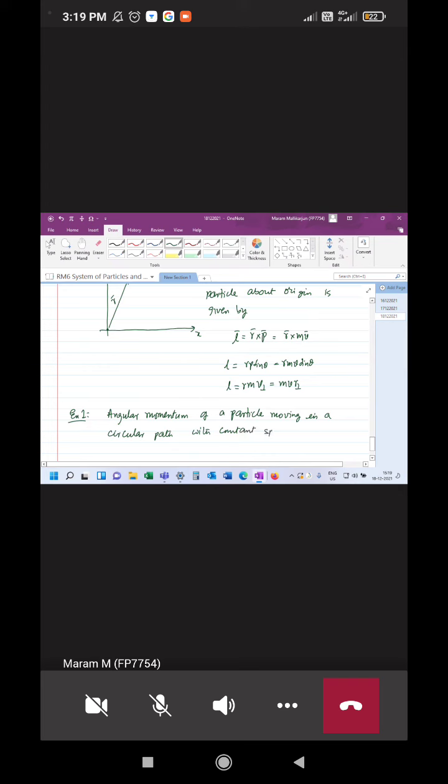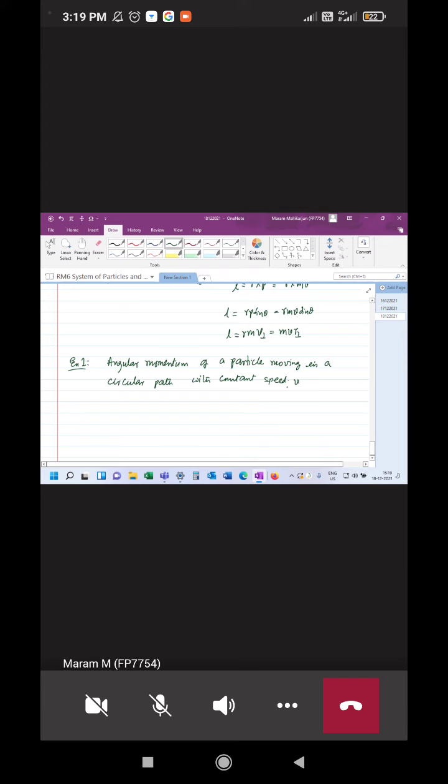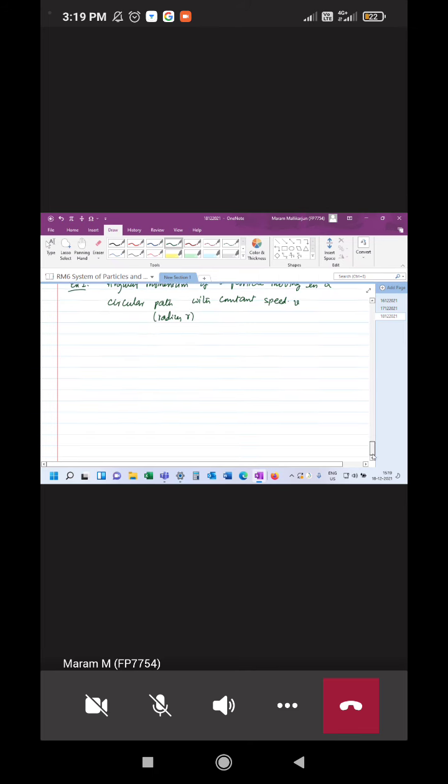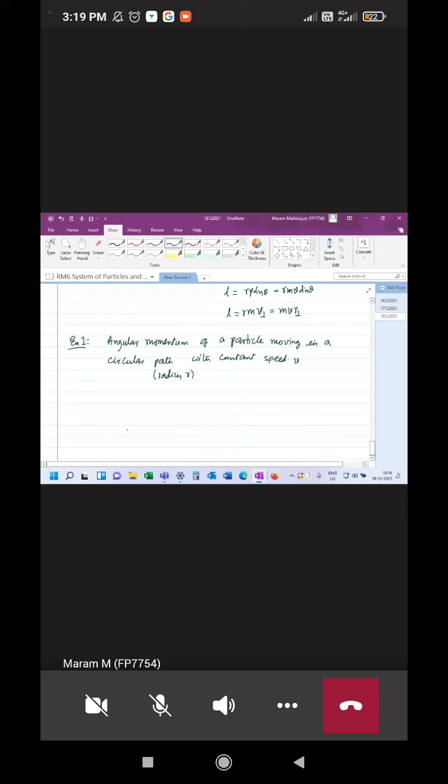What will it be? What is the angular momentum? If it is moving in a circular path, simply you can write mvr because theta equals 90 degrees.